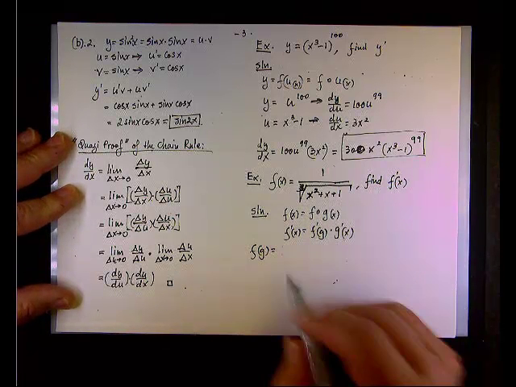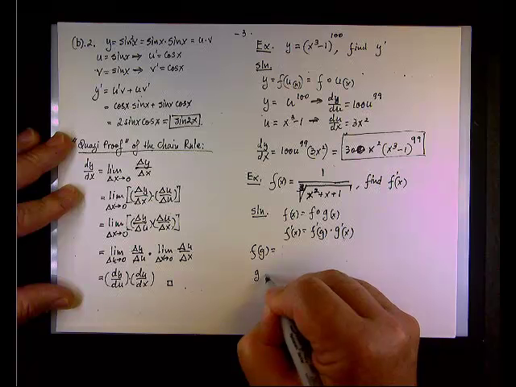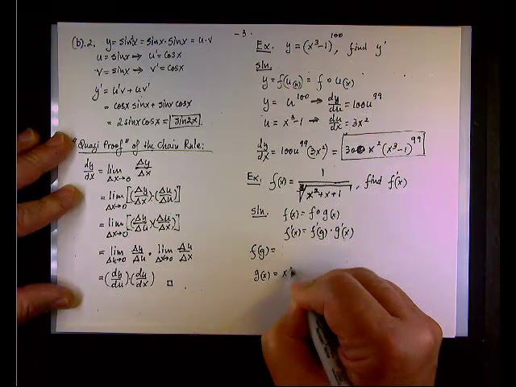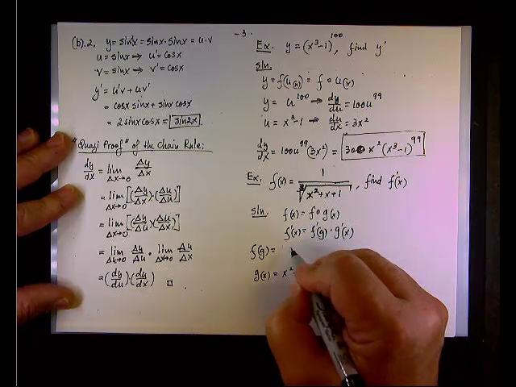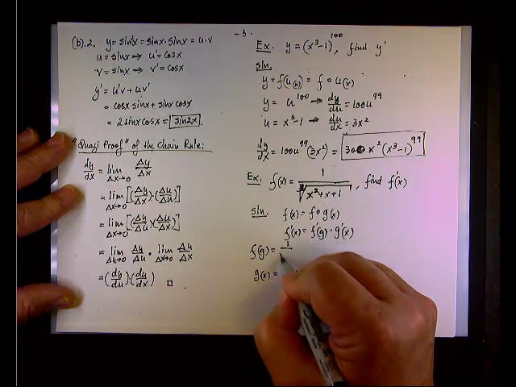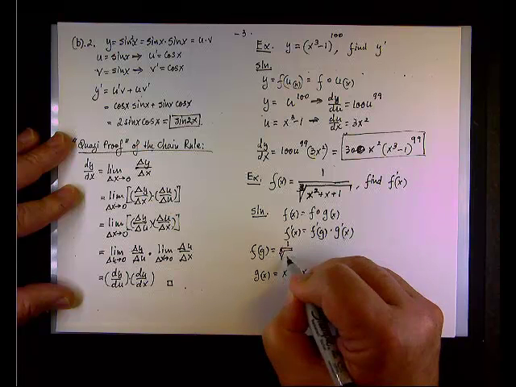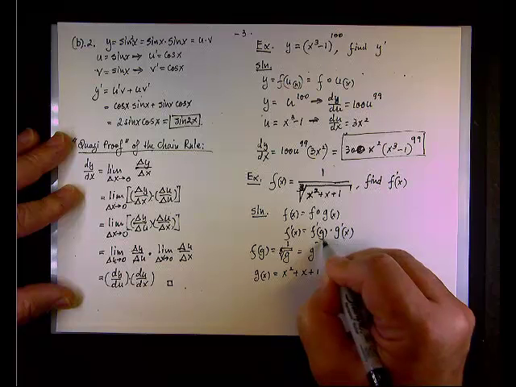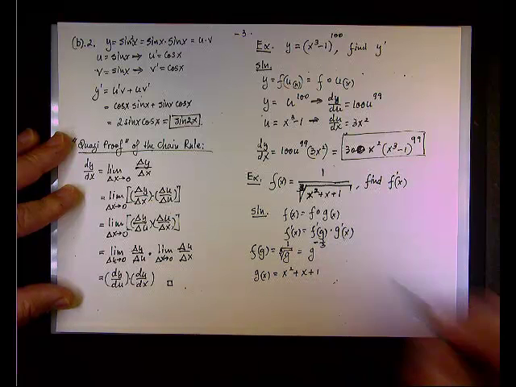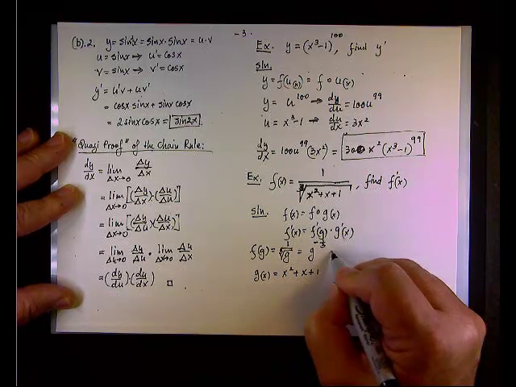well, if I choose g to be x squared plus x plus 1, then f of g will be simply 1 over the cube root of g, which I can write as g raised to the power of negative 1 over 3.